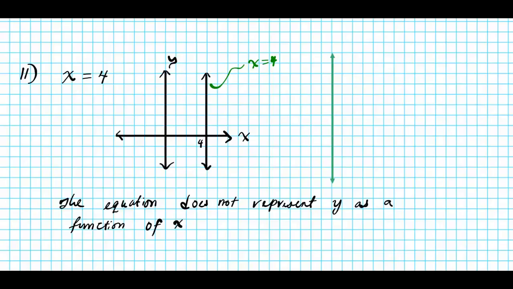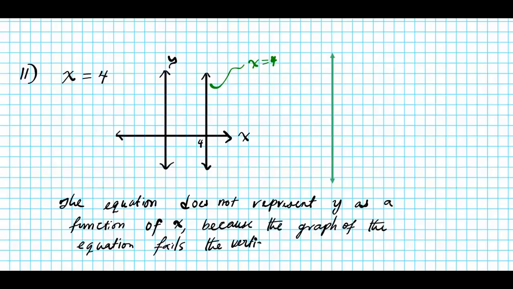Why is that? Because the graph of the equation fails the vertical line test. All right?